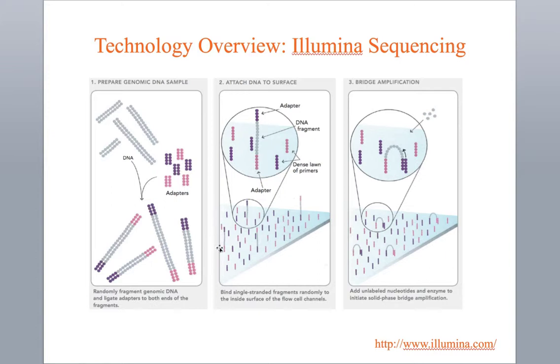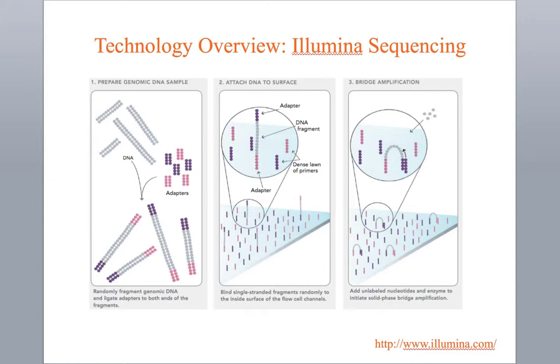And they put on as many fragments as needed to have a good representation of each fragment. Remember, each fragment has two adapters, so it binds to the adapter close by, making a bridge structure, and the bridge structure is amplified by PCR technology.